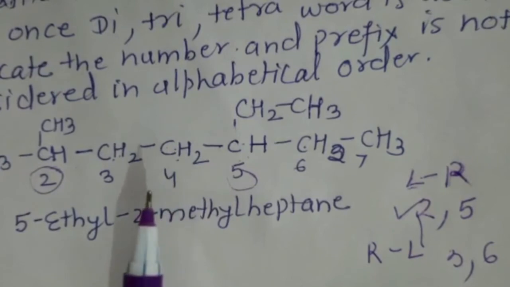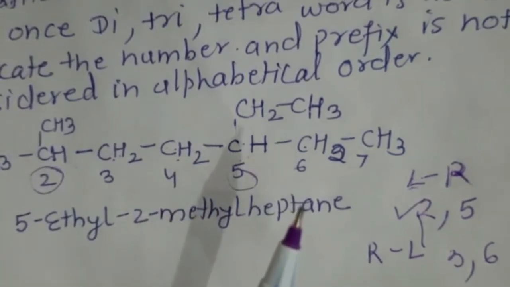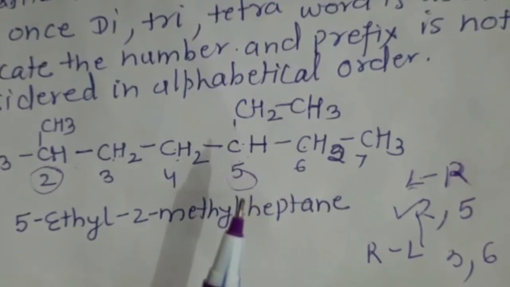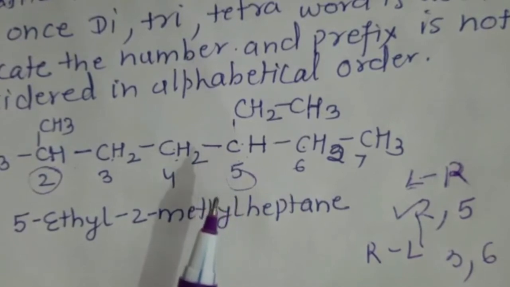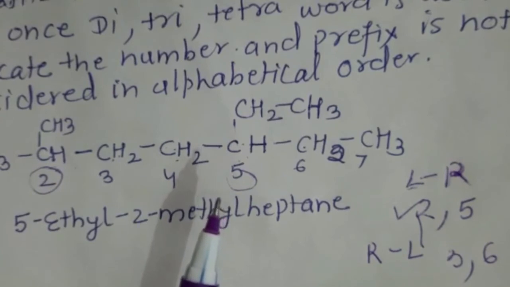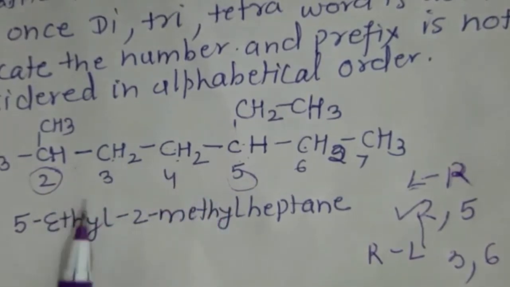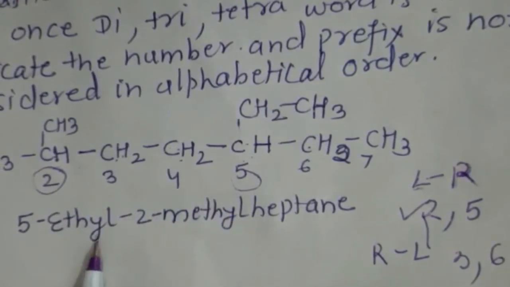So always remember, alphabetical order is the third rule which should be implemented after the lowest locant rule does not decide the order of the numbering, because from left to right and right to left the number of locants remains the same. So after writing the name, you have to write it as 5-ethyl 2-methyl heptane.